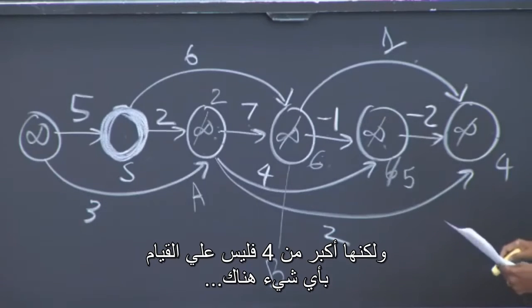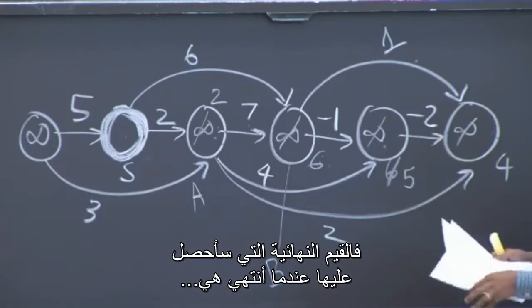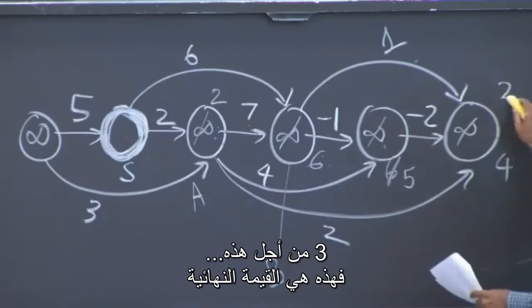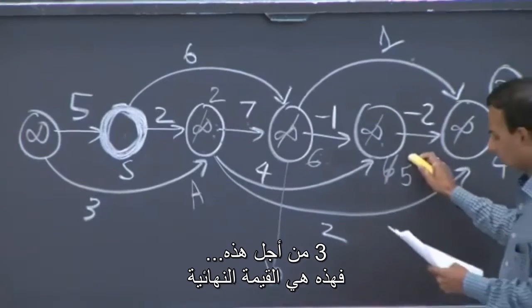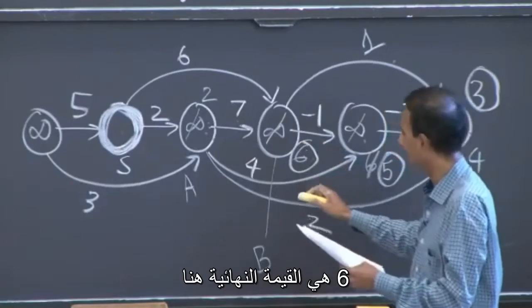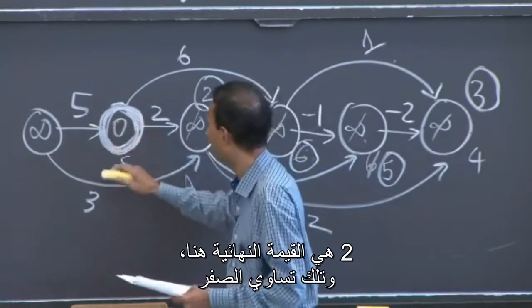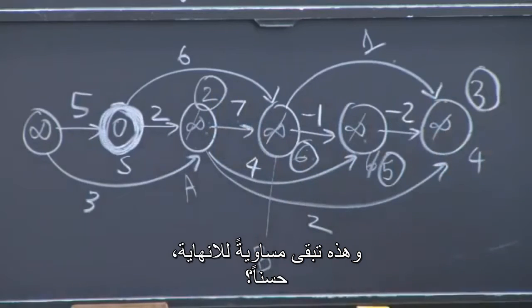But that's greater than 4, so I don't have to do anything there. So the final values that I end up getting are 3 for this one. So this is the final value. 5 is the final value here. 6 is the final value here. 2 is the final value here, and that one is 0. And this stays infinity. Okay?